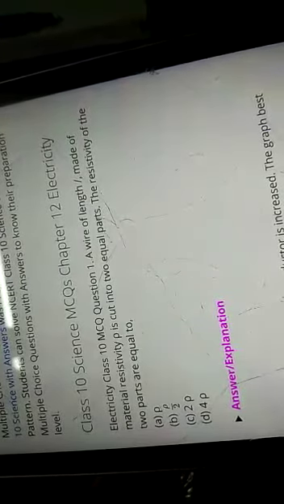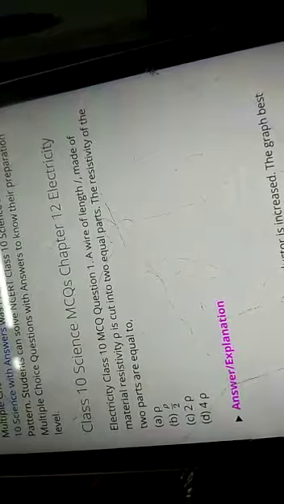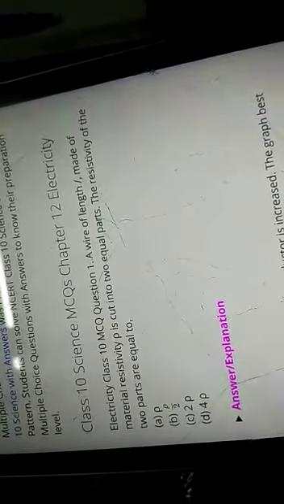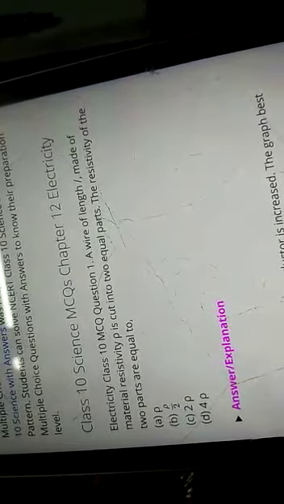Okay, your first question is: a wire of length L made of a material of resistivity rho is cut into two equal parts. The resistivity of the two parts is equal to... So you must have the concept: if any wire is cut into pieces, its resistivity doesn't change, but its resistance changes.